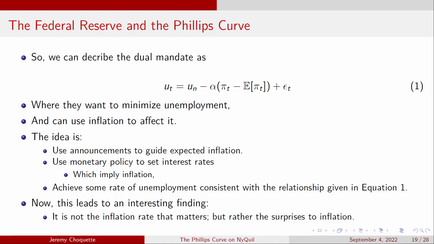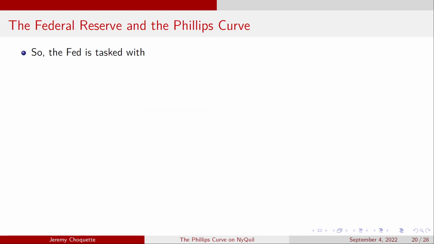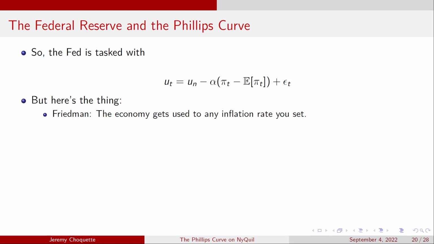So if we go by this model, it's not inflation itself that matters, but inflation surprises. If the Federal Reserve is tasked with minimizing unemployment and promoting stable prices, making sure inflation and expected inflation aren't too different from each other, then, if we listen to the greatest economist ever, Milton Friedman, the economy gets used to any inflation rate that you set.